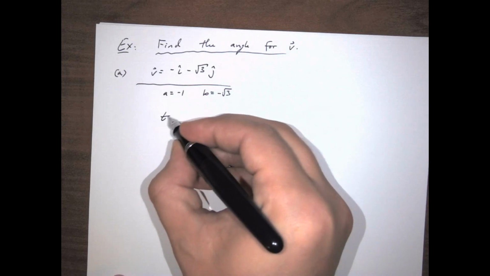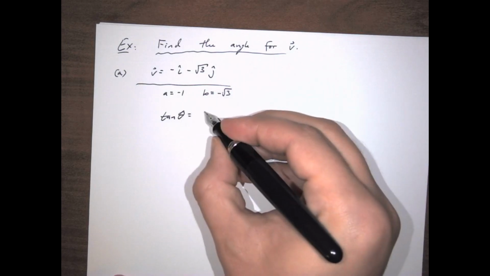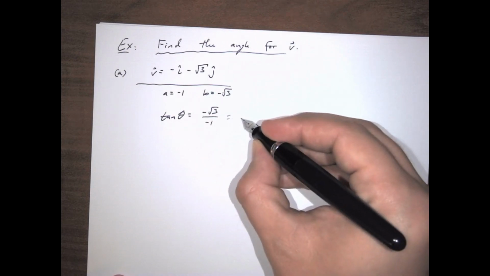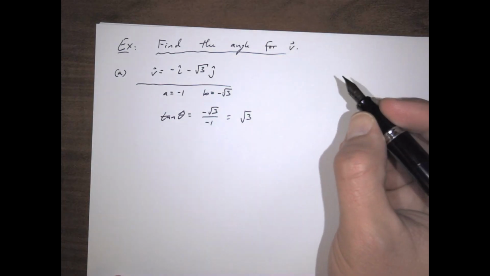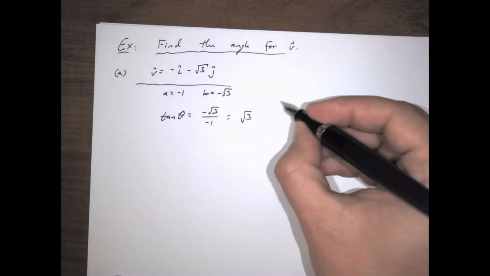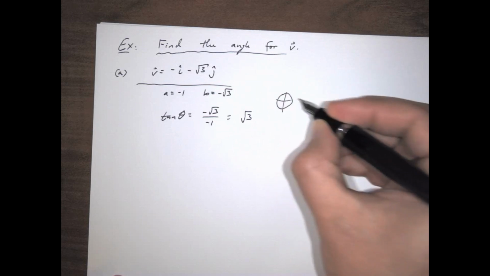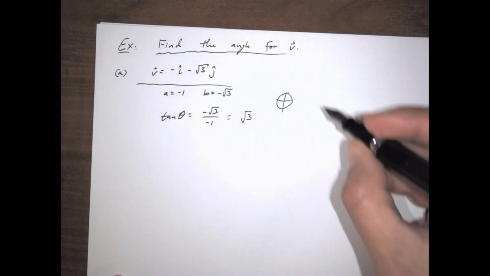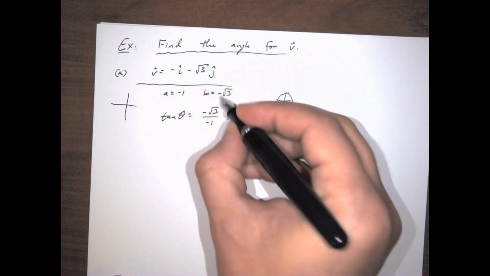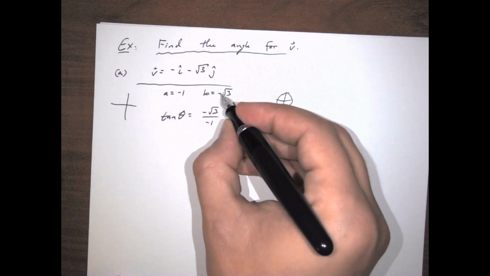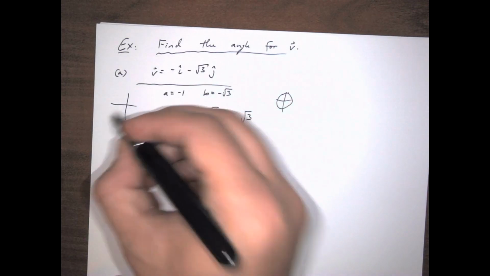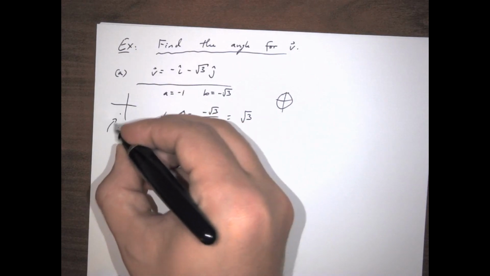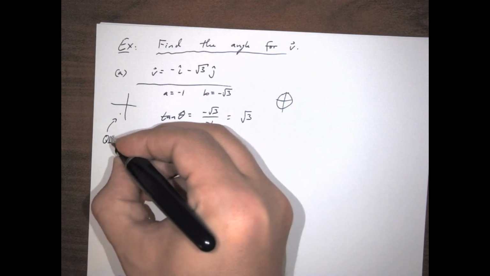So then tangent of theta is going to equal negative root 3 over -1, which is just going to equal positive root 3. So at first, you might be thinking, oh yeah, tangent equals root 3. You might be thinking, okay, I know that one, that's 60 degrees. But wait a second here. We know that this is negative and negative, so this is going to be in quadrant 3. So -1, -3. So it's in quadrant 3.